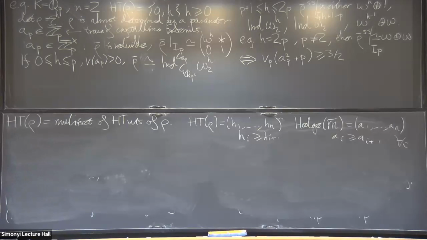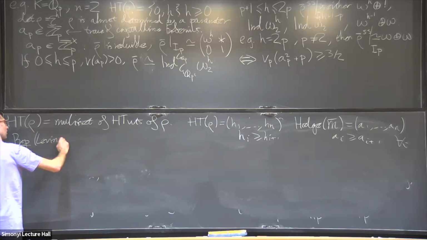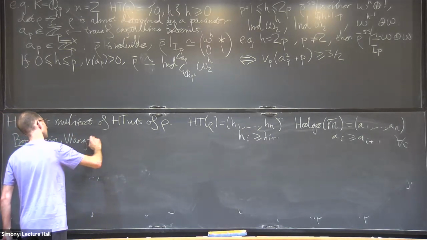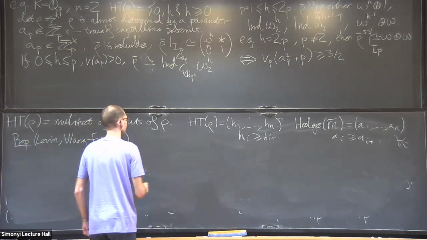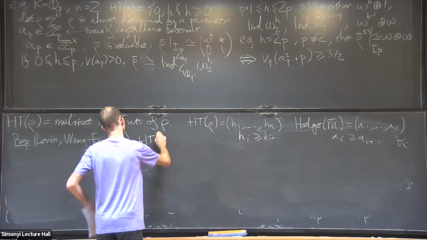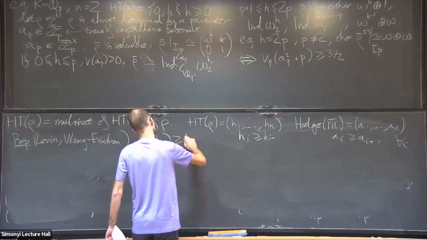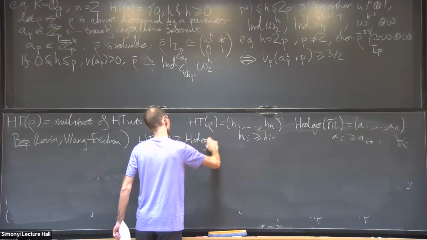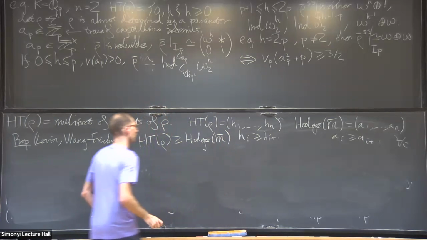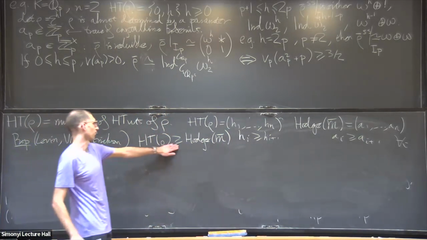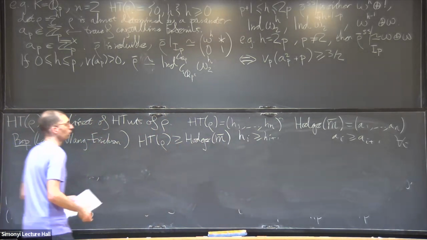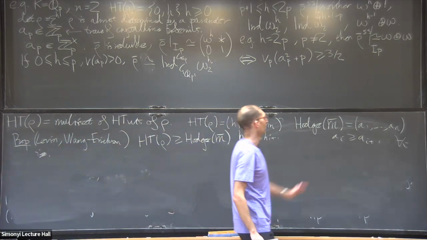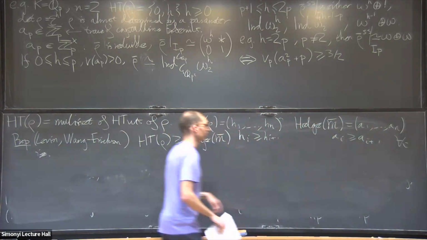And then the proposition of Erickson is that the Hodge-Tate weights are at least the Hodge type in the sense of the Breuil order. So that means that all the partial sums here are at least the partial sums here, and the total sum is equal.